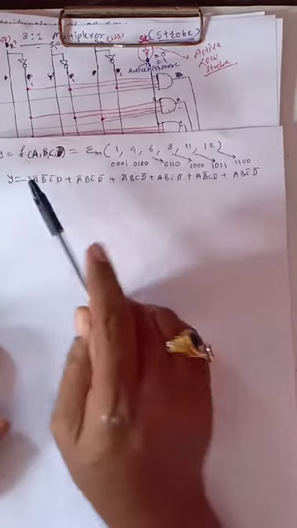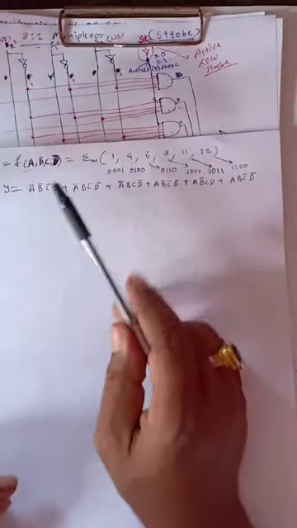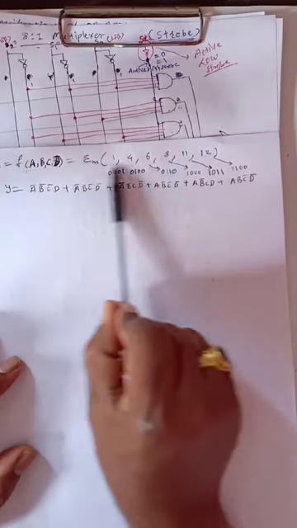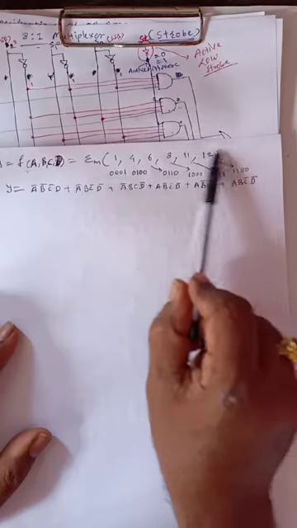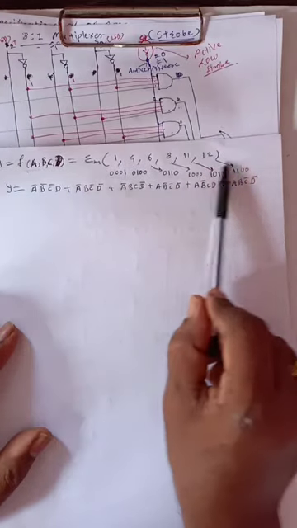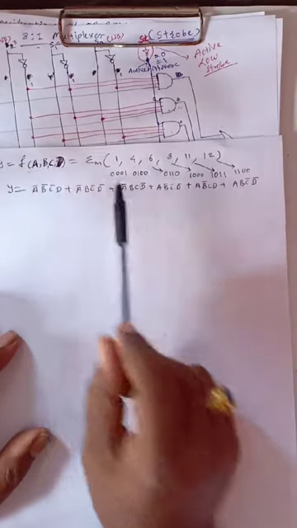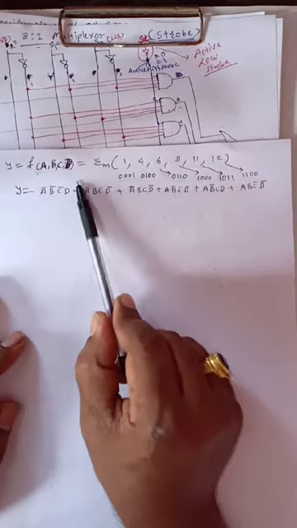So many times it will be asked like this. What is the question? The question is: implement the following function using a suitable multiplexer.